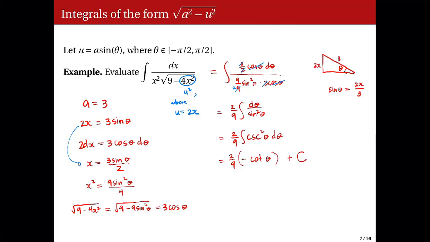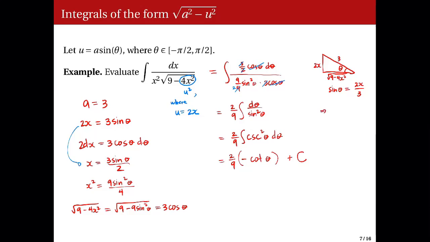And this is just a right triangle, so you can use your Pythagorean theorem. To get this side here, you will have 9 minus 4x squared. Square of this minus the square of this is equal to the square of this. Remember your Pythagorean theorem. And then you now have this triangle.